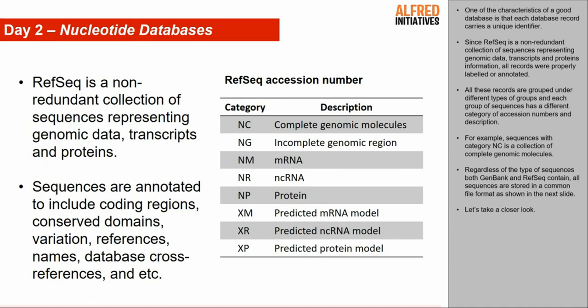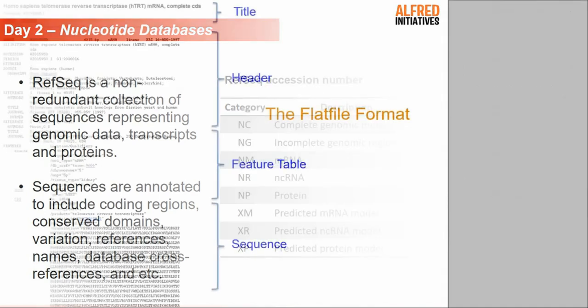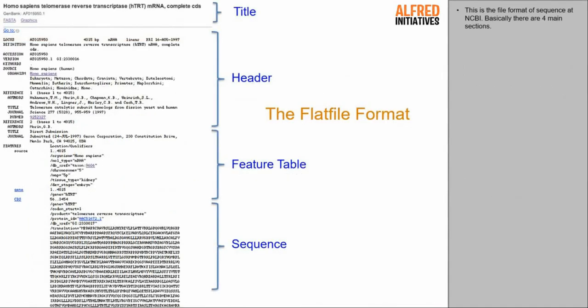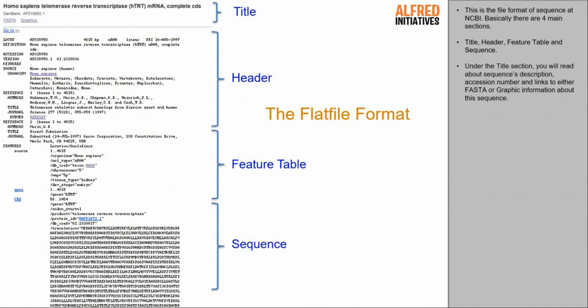Let's take a closer look. This is the file format of a sequence at the NCBI. Basically, there are four main sections: title, header, feature table, and sequence. Under the title section, you will read about the sequence description, accession number, and links to either FASTA or graphic information about the sequence.